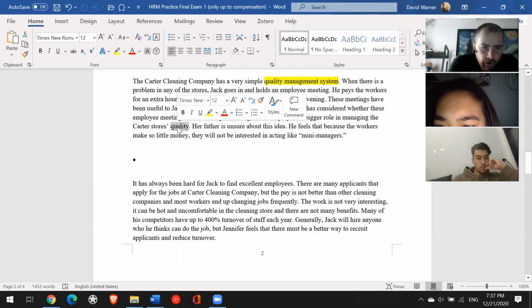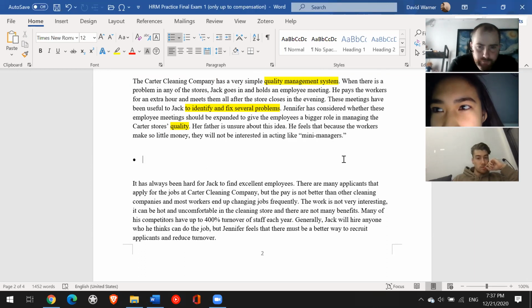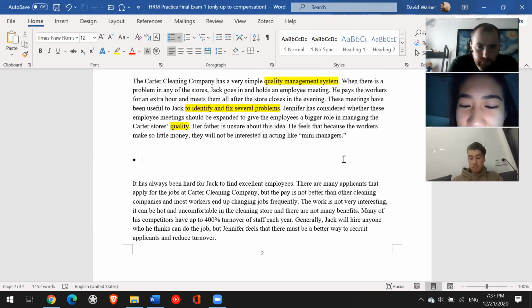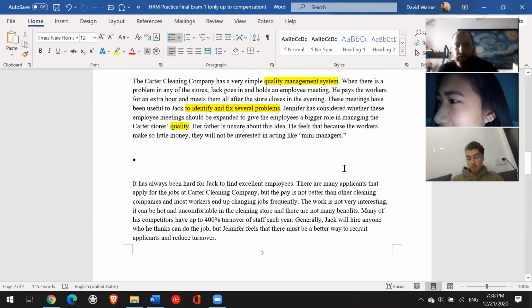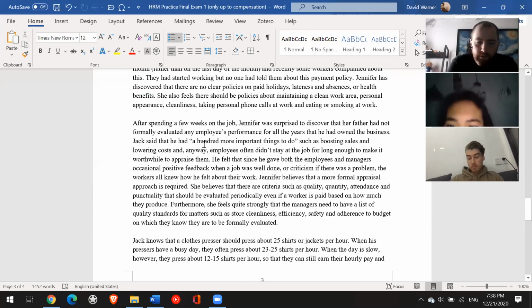I mean, we're talking about something related to quality and quality management. What is that in HR? Performance management. Could be. I mean, performance management has to do usually with appraisals, and there's something a little more related to that over here.